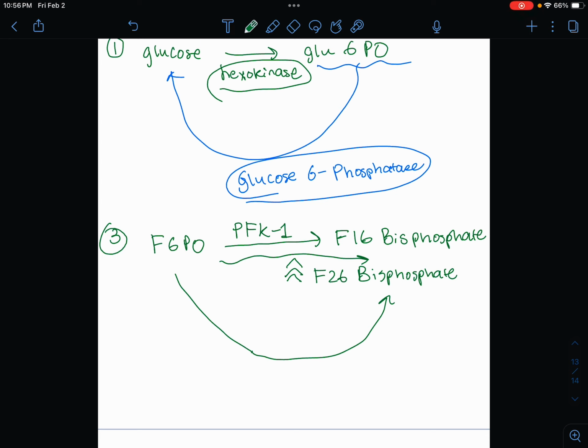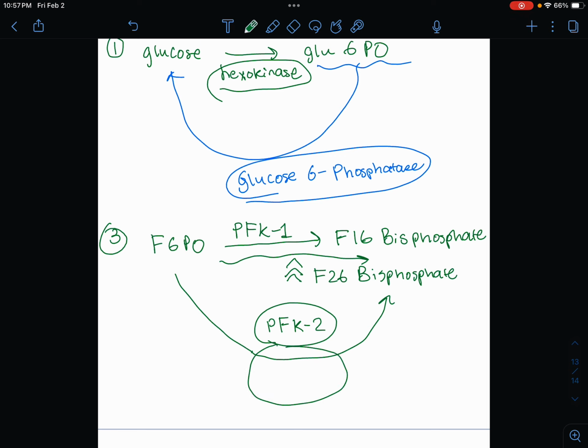One of the functions is phosphofructokinase 2. That would get us from fructose 6-phosphate to fructose 2,6-bisphosphate if we use PFK2.